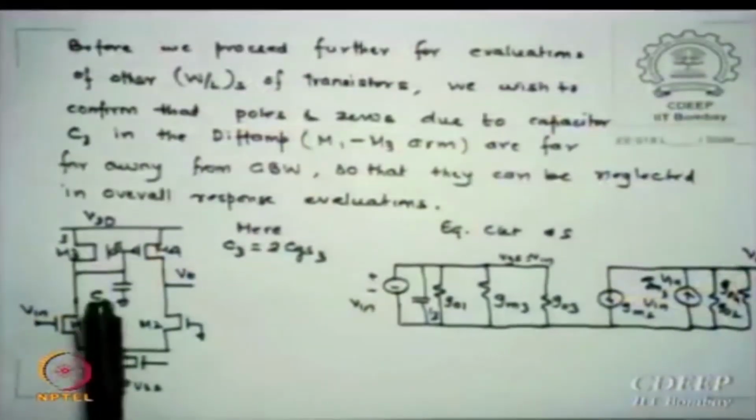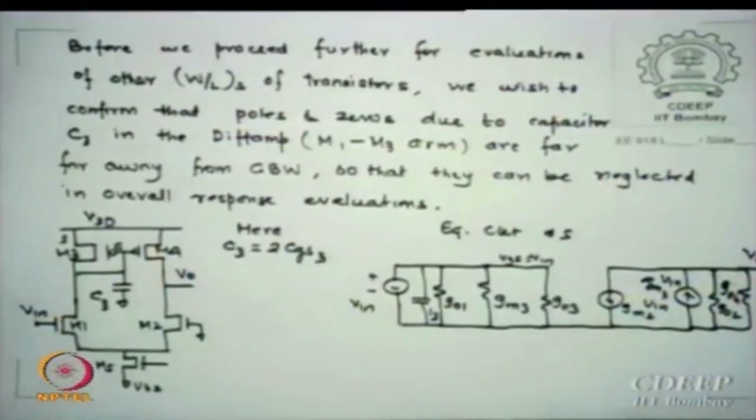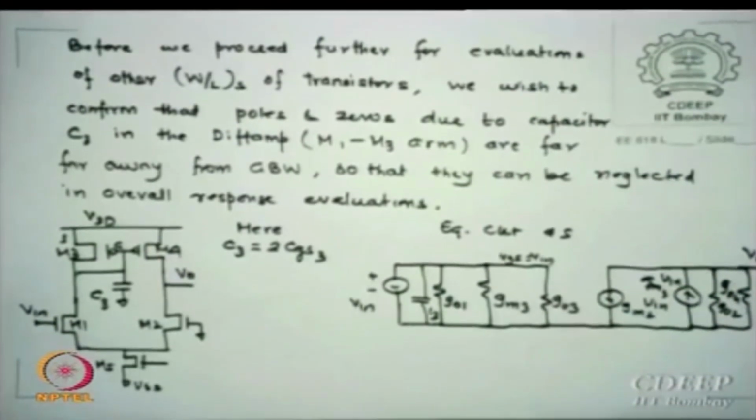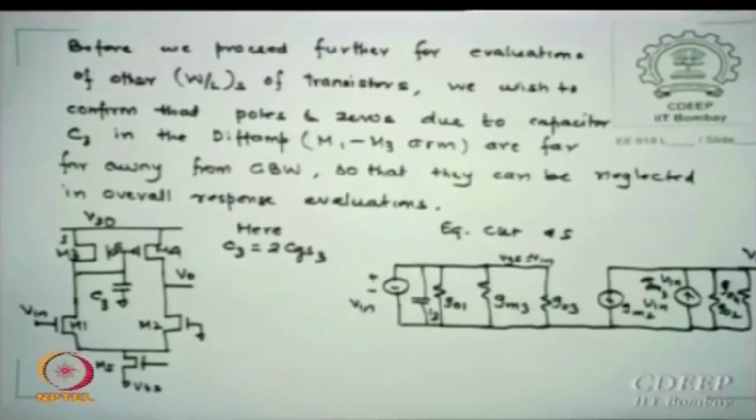Now as I said last time, before we proceed further, our assumption in stability was that the pole and zero at C3 in the DFAM does not contribute to any stability issue, because these poles and zeros are far away from the last zero, which we assume as Z1, even if it is higher than that.